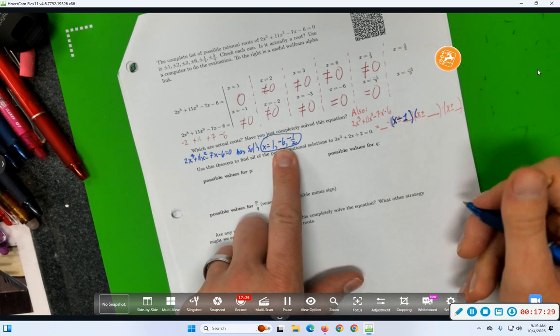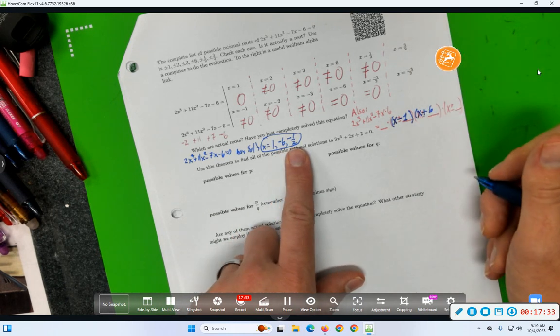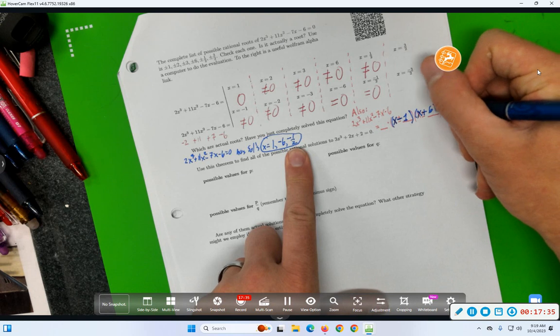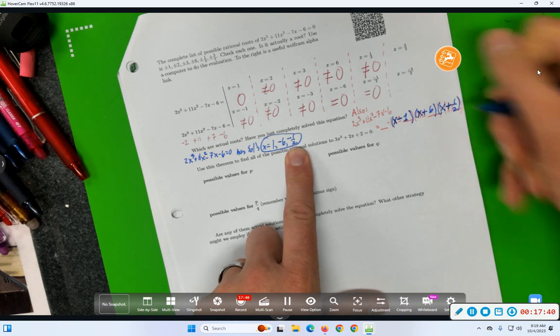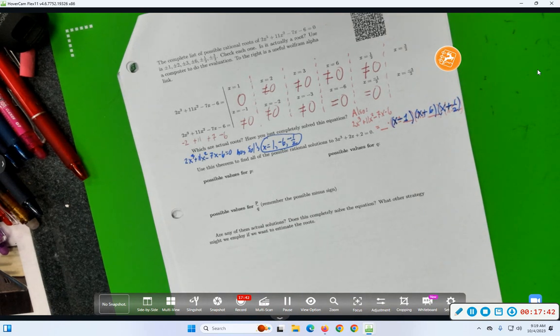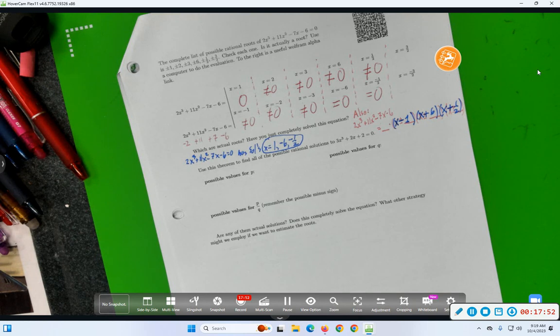Because -6 is a root, x plus 6 is a factor. -1/2 is a root, so x plus 1/2 is a factor. Those are all the linear factors. So this is really close to just being equal to the polynomial. The only shortcoming is if you want to expand all this out, your lead coefficient would be 1.